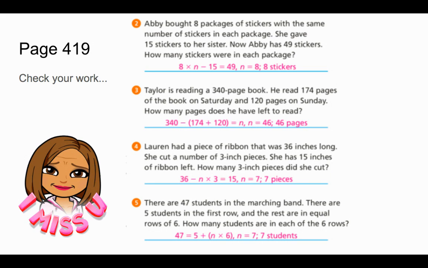The rest of them are in equal rows of 6. We're trying to decide how many students are in those 6 rows. So 6 times something equals 42. And our answer, you know your math facts, is 7. So there are 7 students in each of the 6 rows. There's 1 row of 5, and that equals our 47.